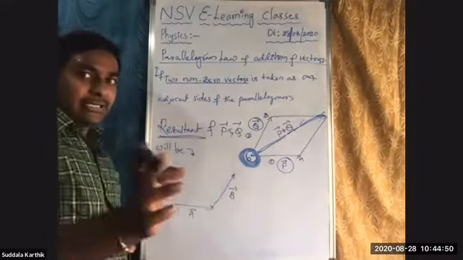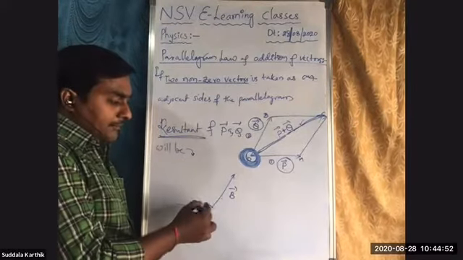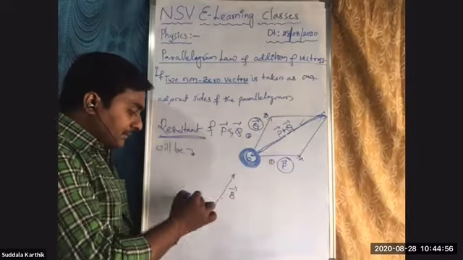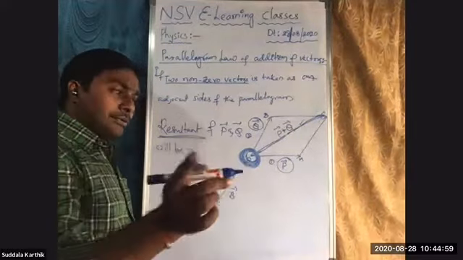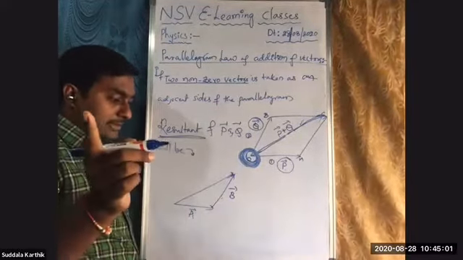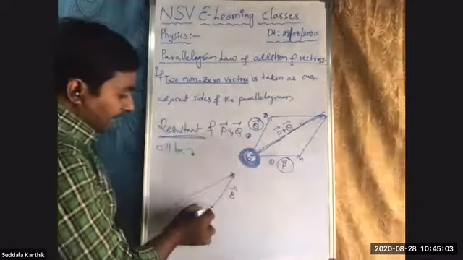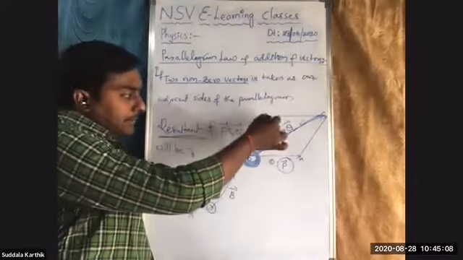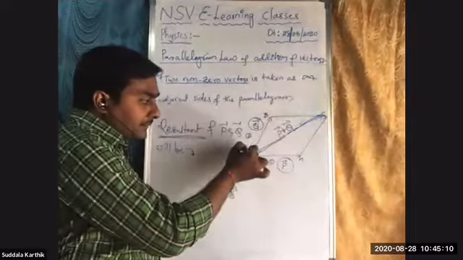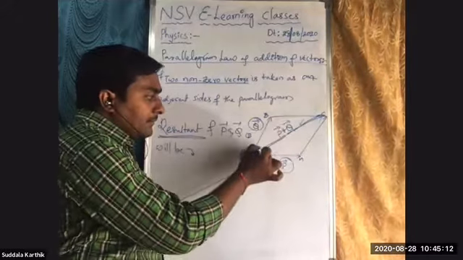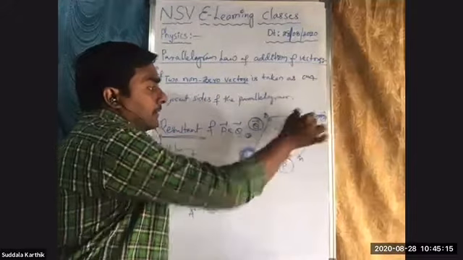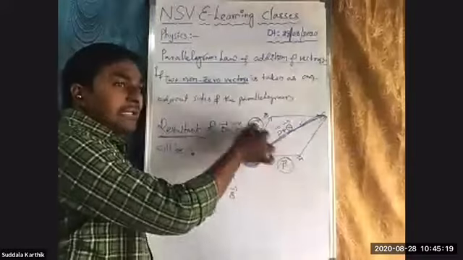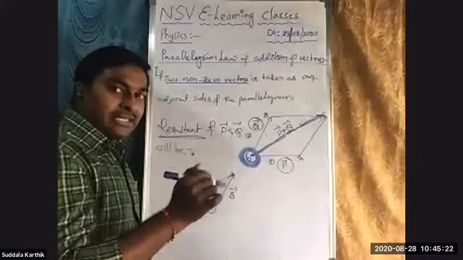In the triangle of addition of vectors, this is the A bar vector, this is the B bar vector, then the resultant of these two will be like this. She is asking why, in the parallelogram law, you have taken the diagonal passing through the intersection point of the two vectors.